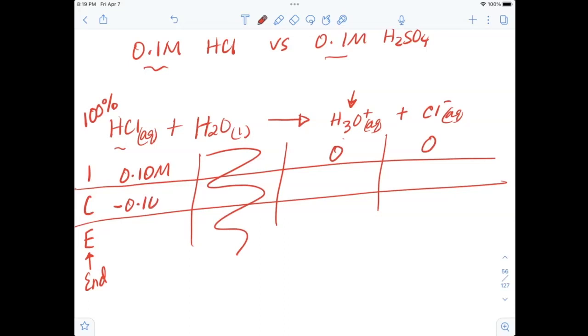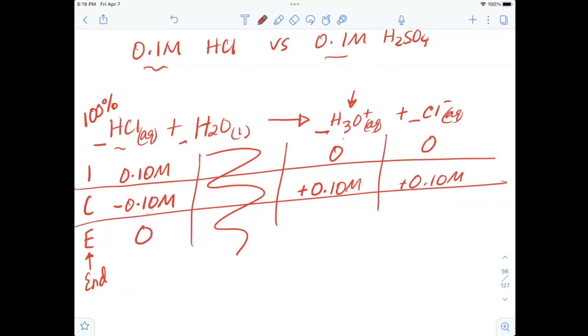So all of this gets processed because it's 100% ionized. And then in the process, because you have a 1 to 1 to 1 stoichiometry, you're making 0.1 molar, 0.1 molar. Okay?